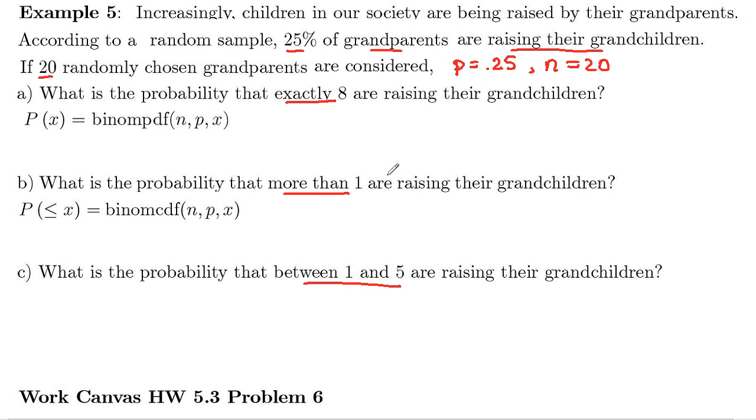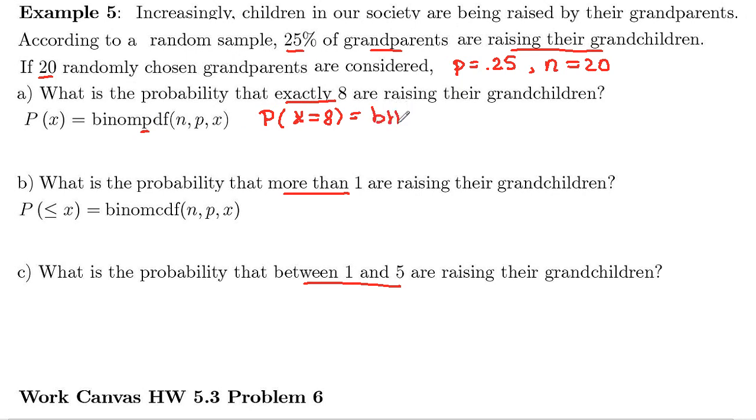And so here we want to know what's the probability that exactly 8 are raising their grandchildren. So in symbols, we would write that like this: probability of 8, or probability X equals 8, either one of those. If it's binomial probability, we're going to do binomial PDF if it's only one value.